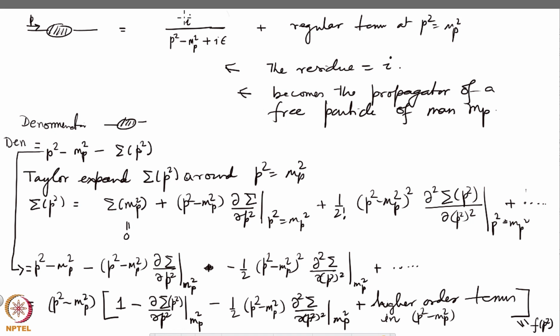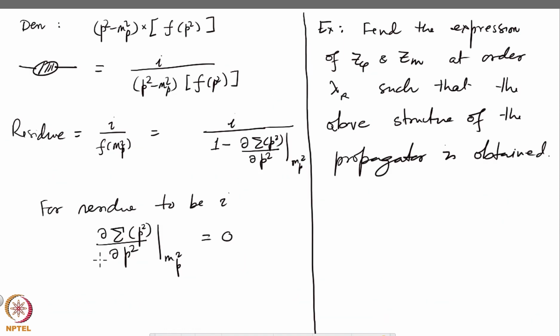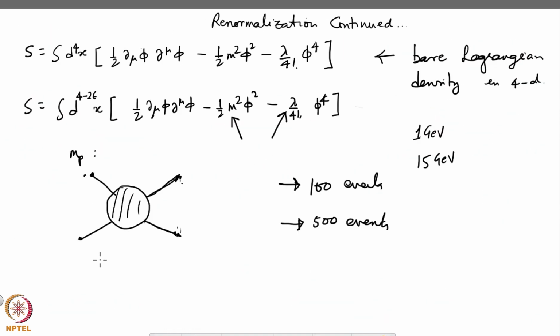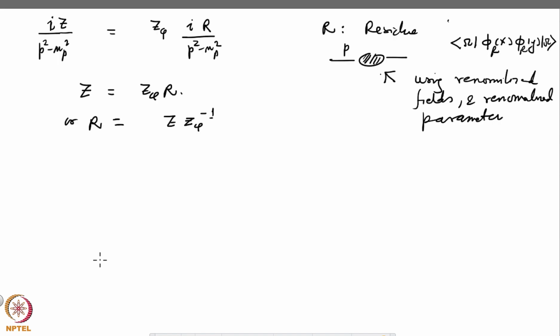So we had demanded that we want to use a scheme such that the propagator comes out to be i over p squared minus m_p squared, so that the residue is 1, and then you can find out what conditions you have to impose. If you ask for such a condition to be satisfied, that R should come out to be 1, then Z is the same as Z_phi.